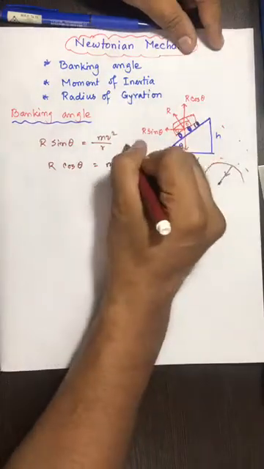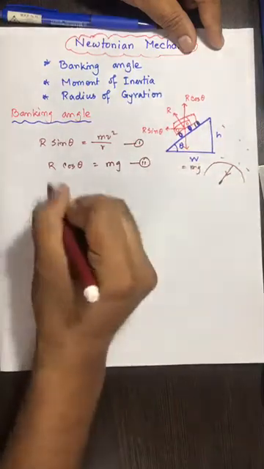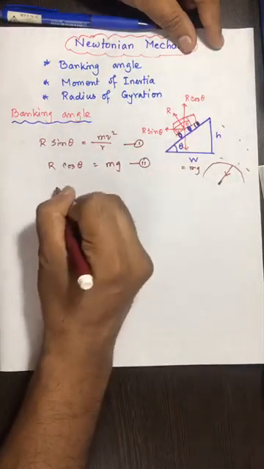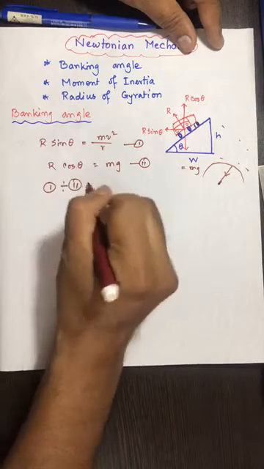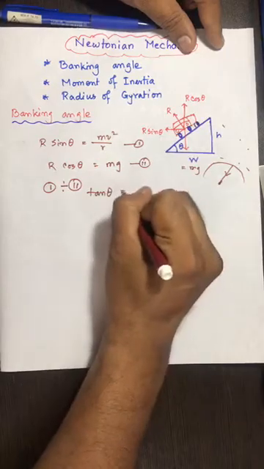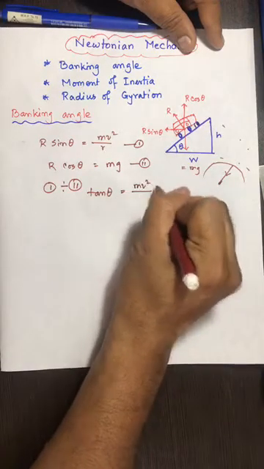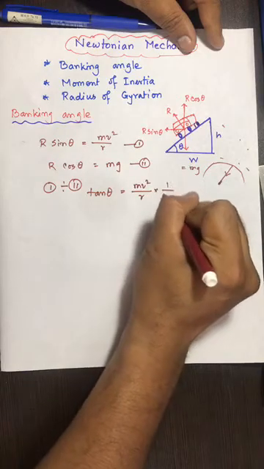We divide equation 1 by equation 2. If we divide it, we get tan theta, equation 1 divided by equation 2, so mv square by r divided by mg.